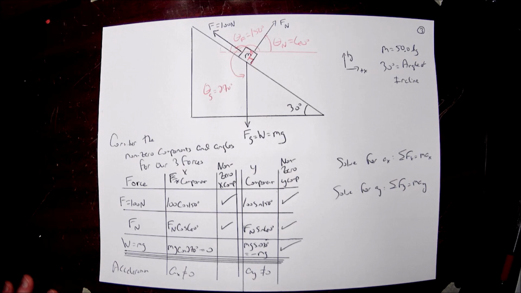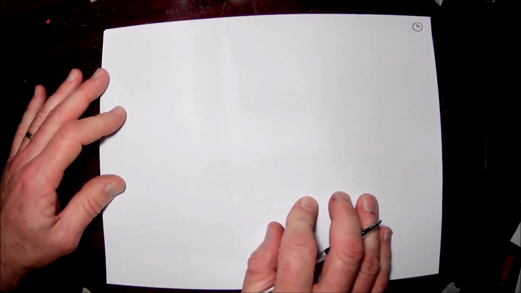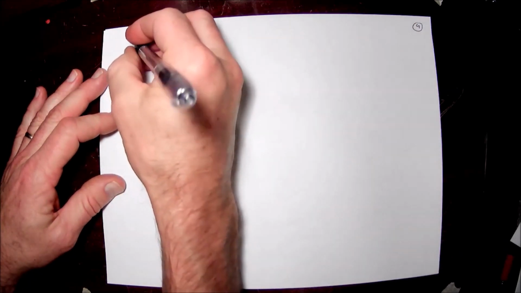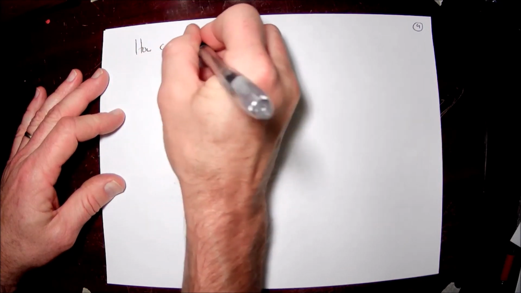We can rotate the coordinate system. How can we make it easier?